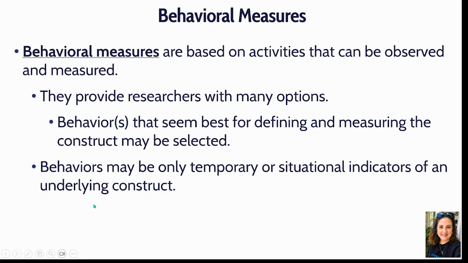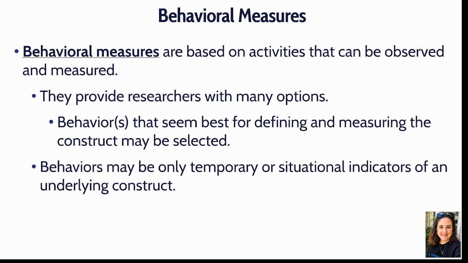Now, behavioral measures are based on activities that we can observe and we can record. So this gives the researcher a bit more flexibility. So a behavior that is good to define and measure for that construct might be used. So when we talk about sleep quality, we might talk about how long you slept, how many times you woke up, and then maybe how many times you rolled over.